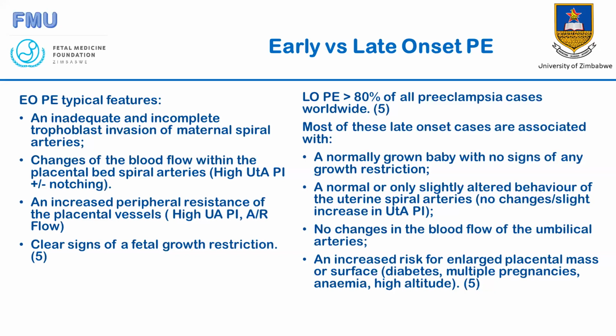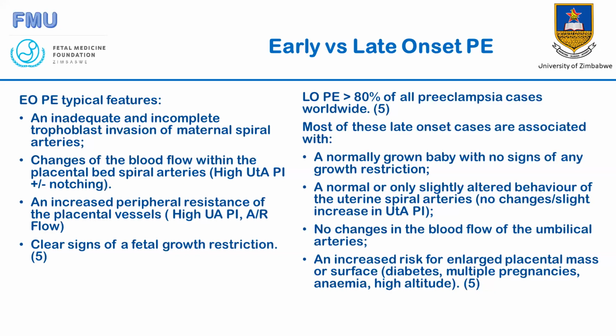Normal or slightly altered behavior can be exhibited in the uterine spiral arteries, seen through slight changes in the uterine artery PI, a slight increase in resistance, or no change.